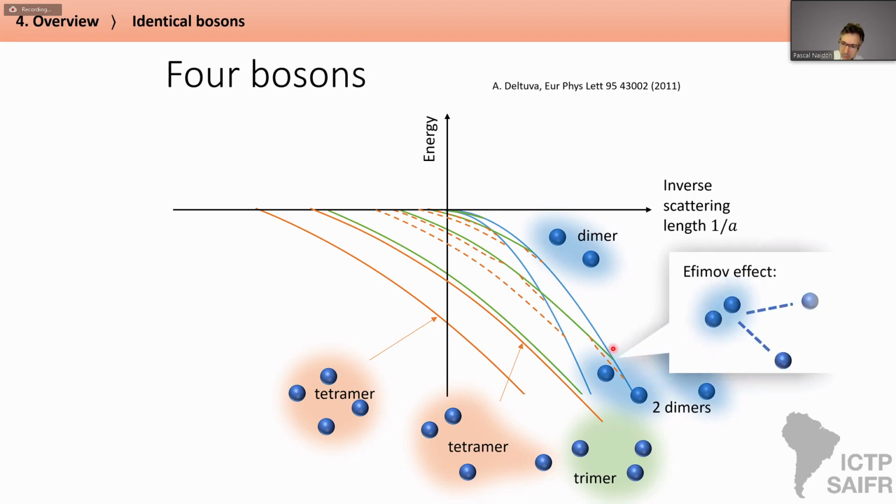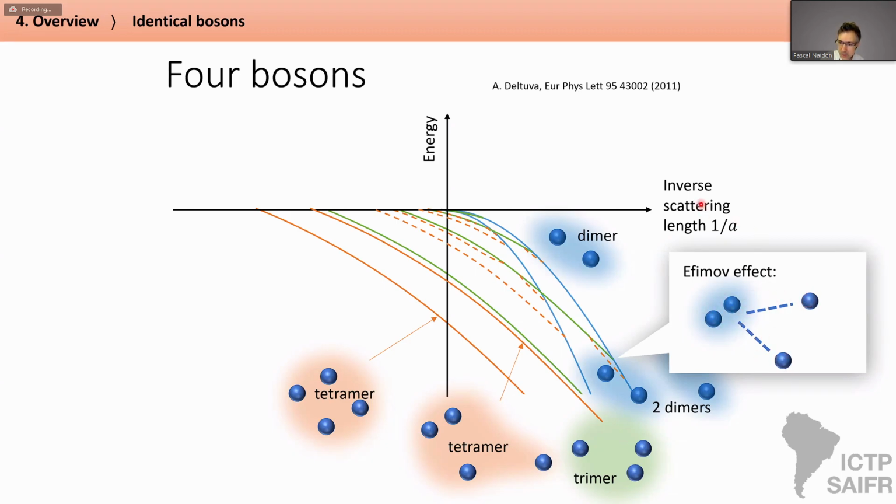And that means that if we now consider four particles, with the dimer and two particles, we have a resonant interaction around this point, between a dimer and a particle. And so if we consider this three-body system composed of two atoms and one dimer, we are in a situation where we can have the Efimov effect.